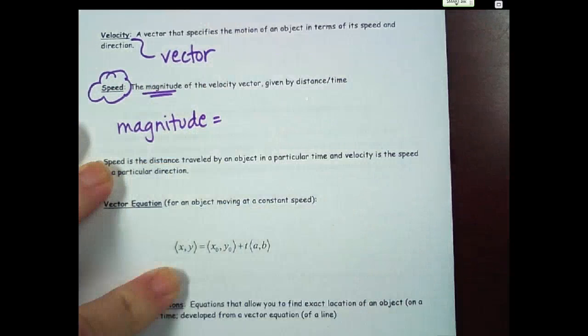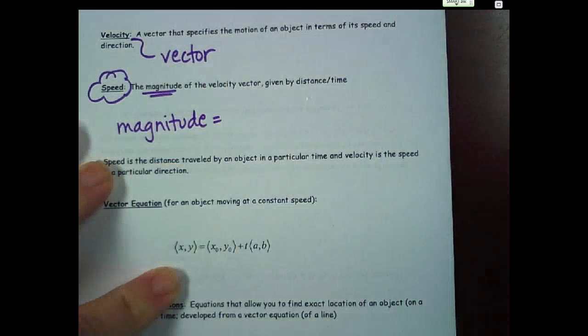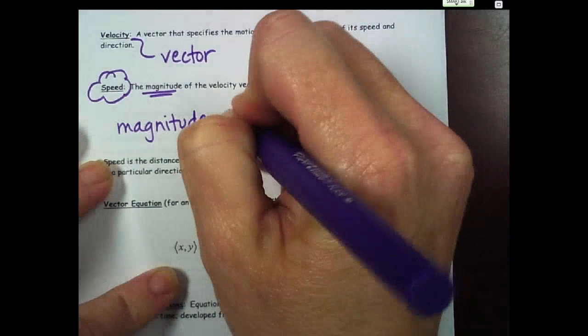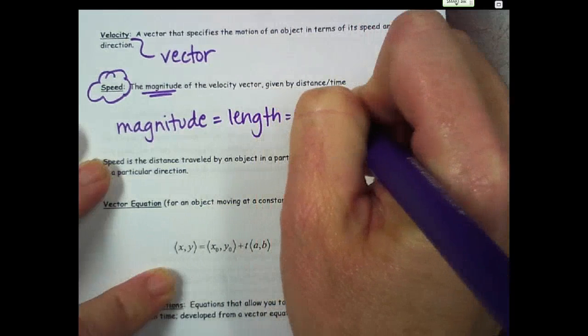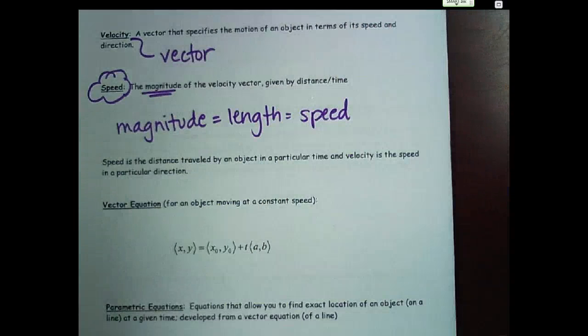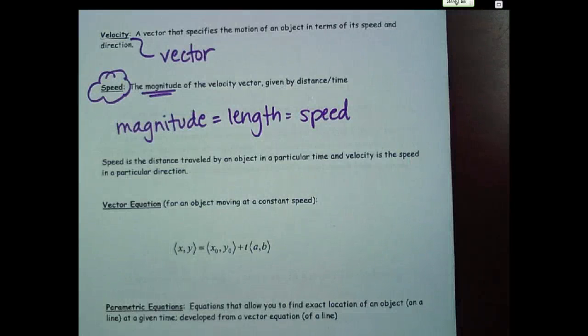When we found magnitude, what were we actually finding? The length, which is also the speed. Those are all the same things. If you've got a line and you want to know how far it's going, that's the same thing as the speed, or the length, or the magnitude. They're all the same thing.